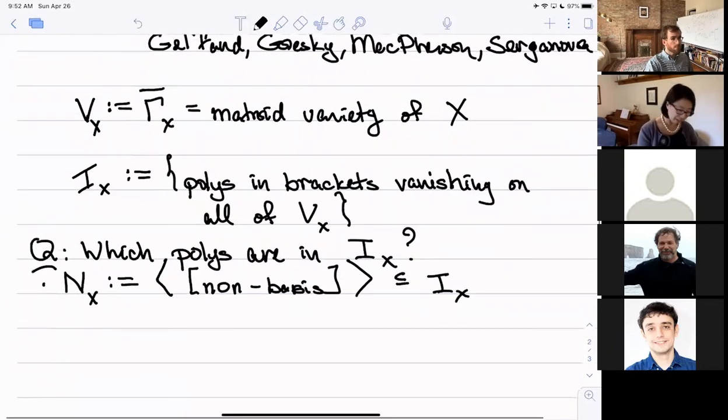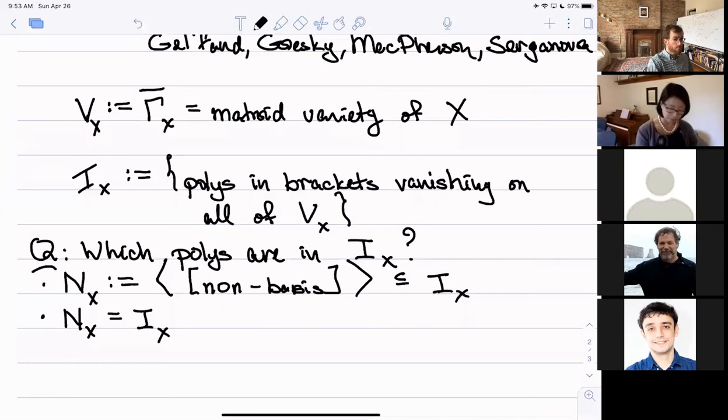Sometimes these actually generate the whole ideal. What's an example of this? Well, N X and I X are really the same thing if the matroid that I'm looking at is something called a positroid.